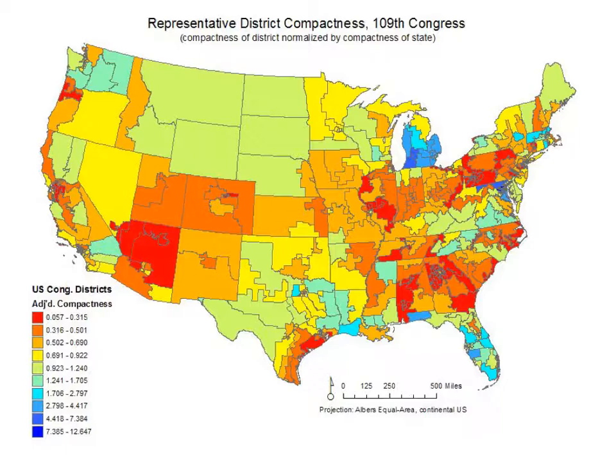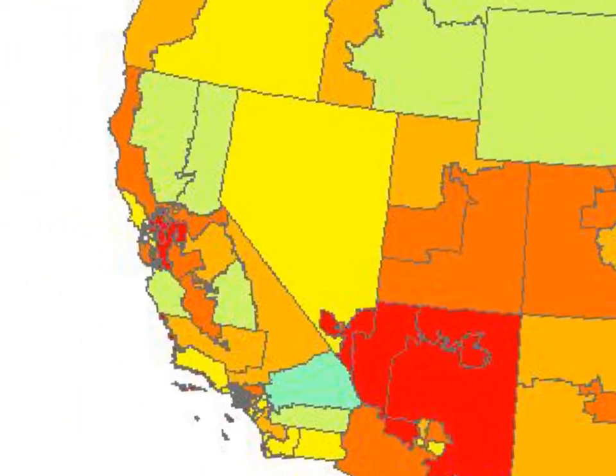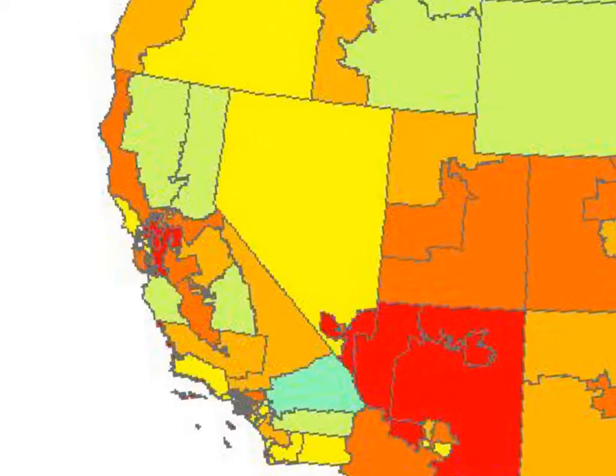Let's just look at a few real quick here. If we look here in California, we can see some of these crazy shapes from going all the way down here, and then looking around, we see especially these areas that insert themselves into another district.